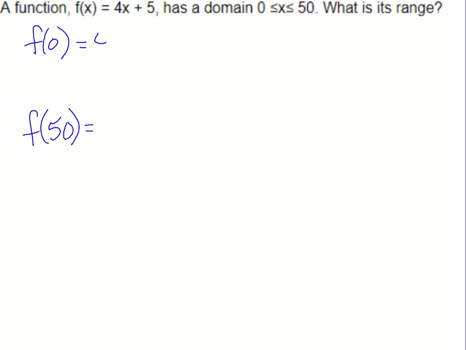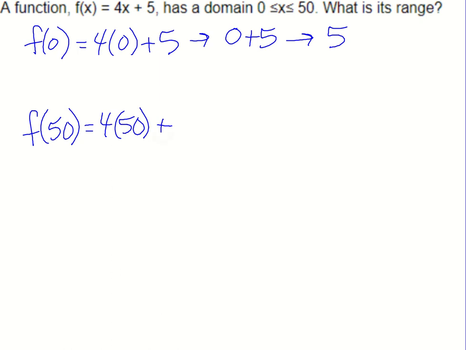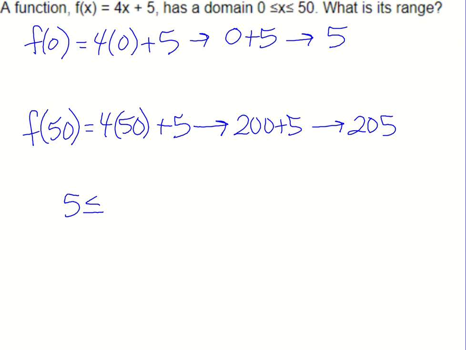So we would do 4 times 0 plus 5, which gives 5. Then we do 4 times 50 plus 5, so we get 200 plus 5, which is 205. So then our range would be 5 less than or equal to y, because range has to do with y, less than or equal to 205.